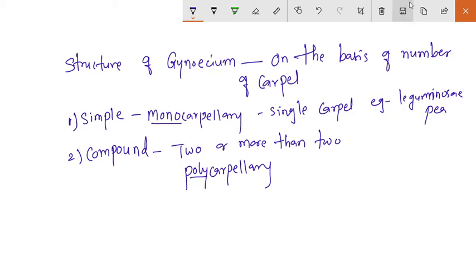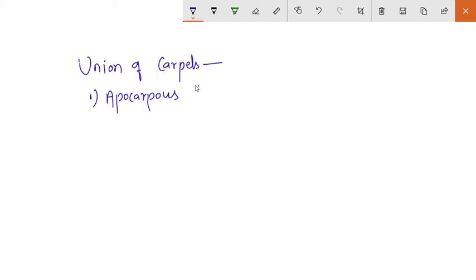Okay. Simple carpel and compound carpel, have you got it? Okay. Then union of carpels. When the carpels remain free, okay, they are known as apocarpous gynoecium. So the carpels remain free.